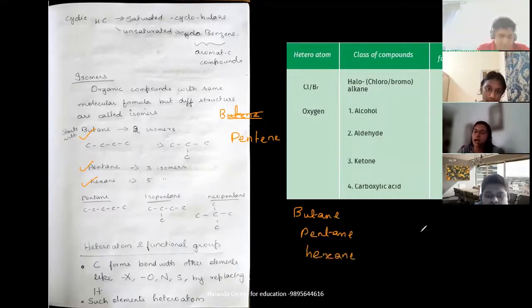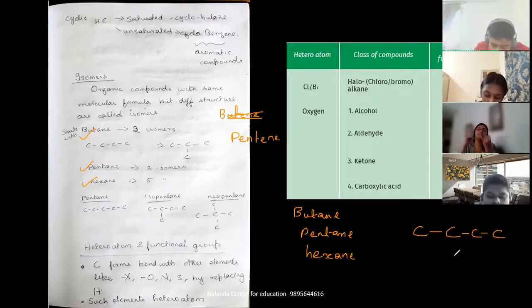So what are isomers? We'll take an example of butane: 1, 2, 3, and 4. The isomers are going to start from butane. Only from butane will carbon show structural isomerism. Methane, ethane and propane will not show structural isomers.